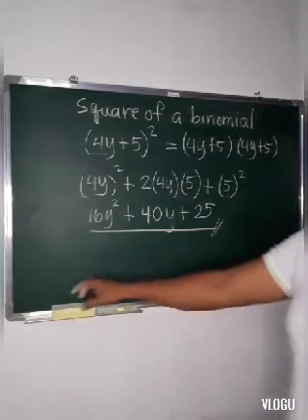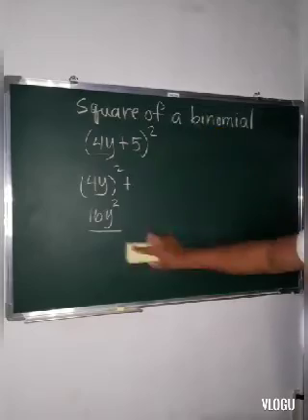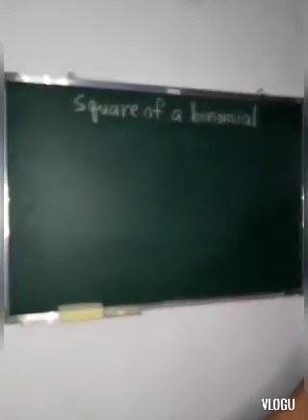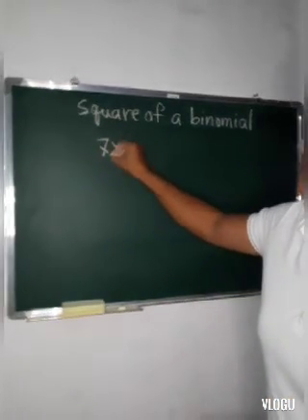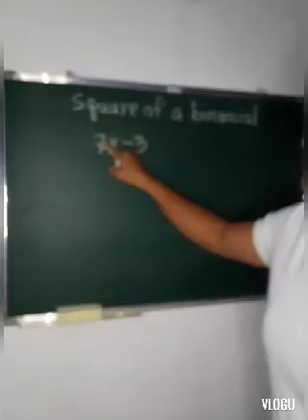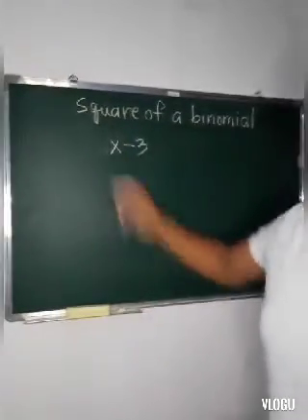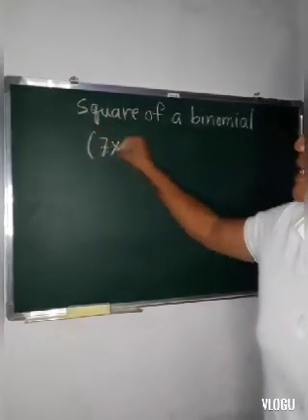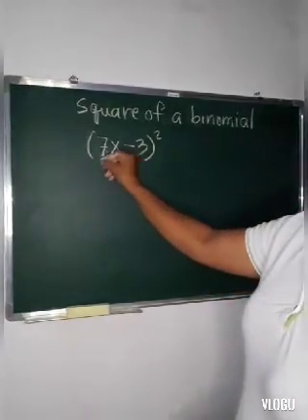Next, I'm going to give you more examples. We have 7x minus 3 squared. Again, square the first term.